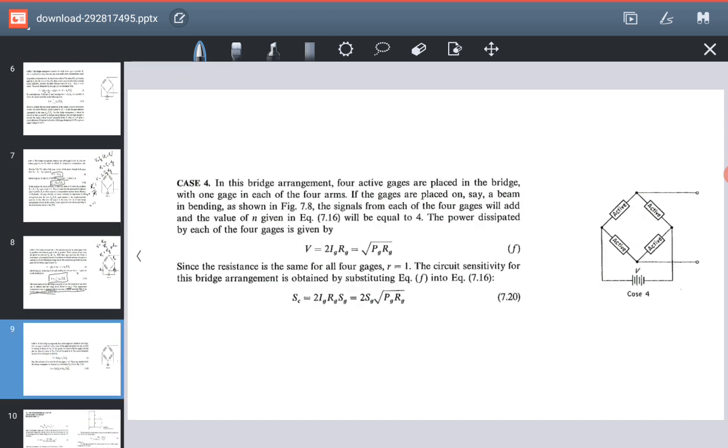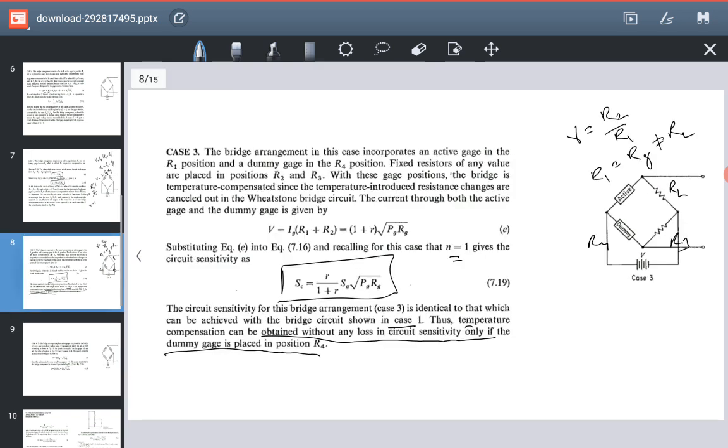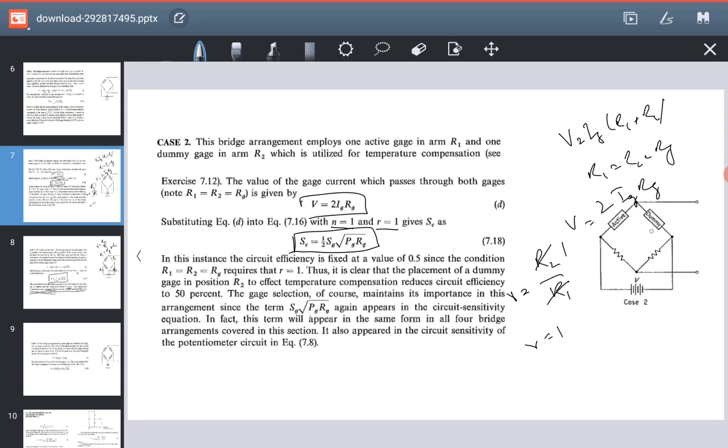Now this is the fun part. You might be thinking, what if we replace R3 with the dummy?